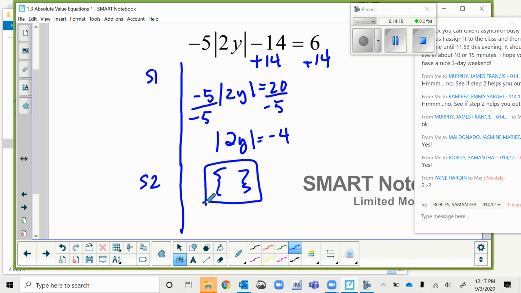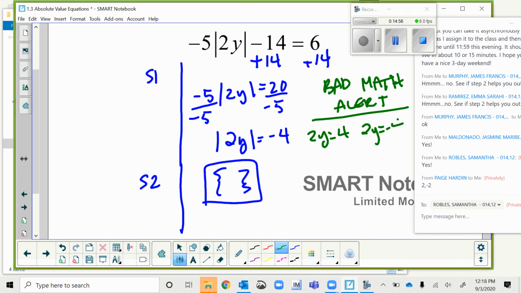What's troublesome is you have to be on the lookout for that every time you get to this part of your equation, because in green, I'm going to put what would have happened if you just kept on going. This is a bad math alert. You don't write this down. You might have thought, okay, she said we make an equation where we drop the bars and we make a positive version and a negative, and then you would have solved those and had 2 and negative 2.